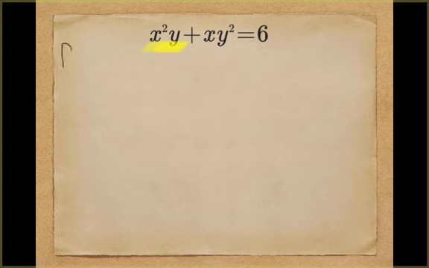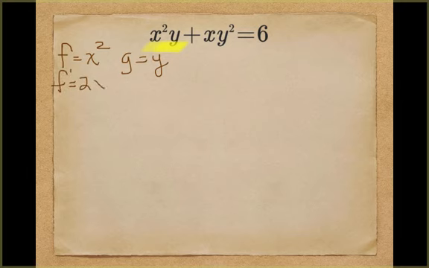So f is equal to x squared, and g is equal to y. f prime is equal to 2x, and g prime is equal to 1 times dy dx. Every time we take the derivative of y, we have to put that dy dx term in there.